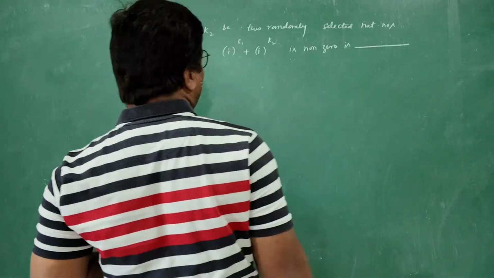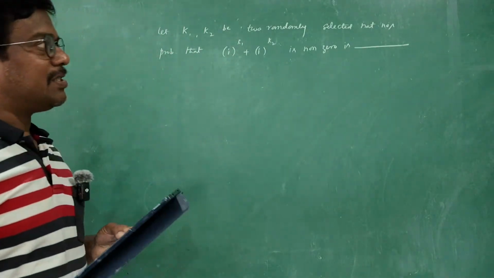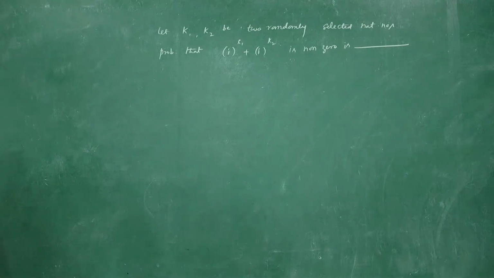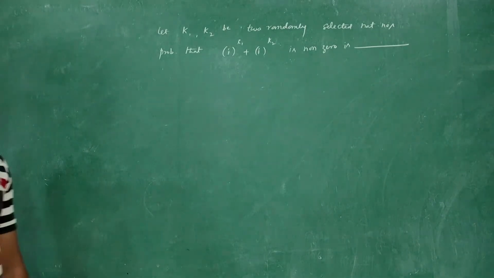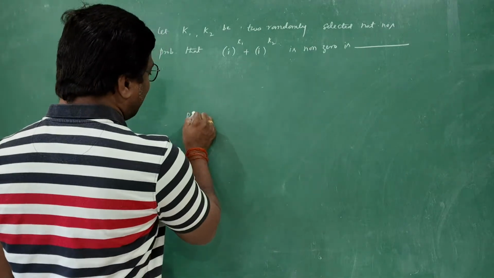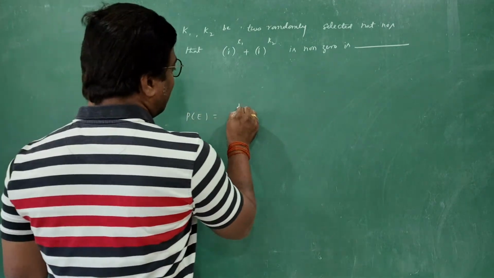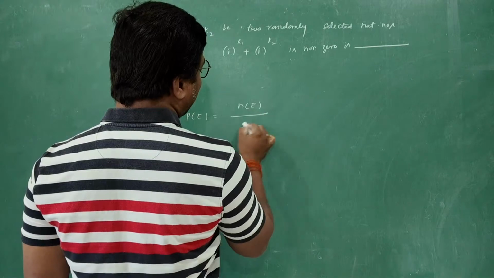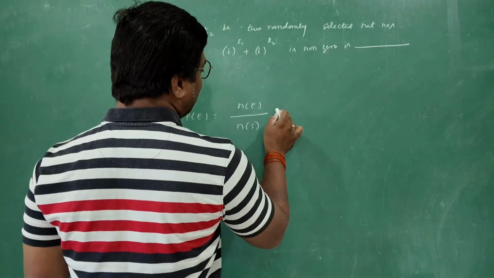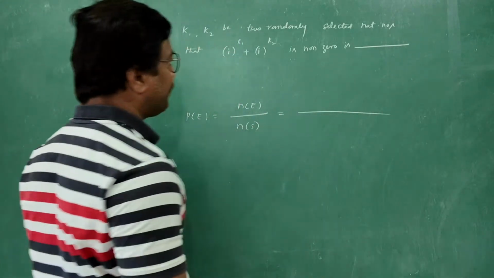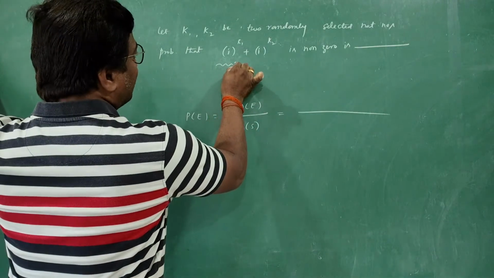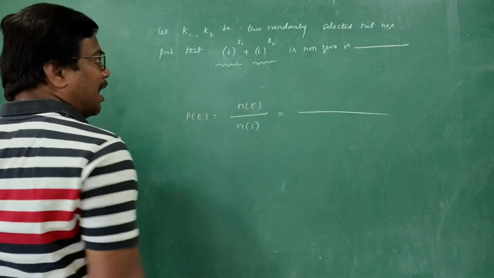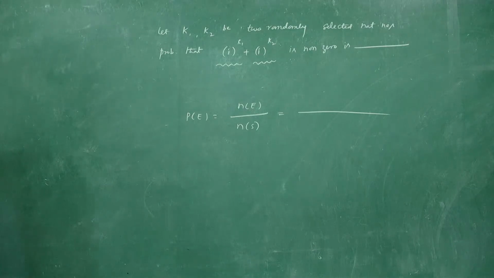The probability that i power K1 plus i power K2 is non-zero is a very simple question, just based on the probability definition. What is the probability of an event? Definition: favorable outcomes divided by total outcomes, n of E by n of S. Yes, combination of iotas, i power K1 plus i power K2.